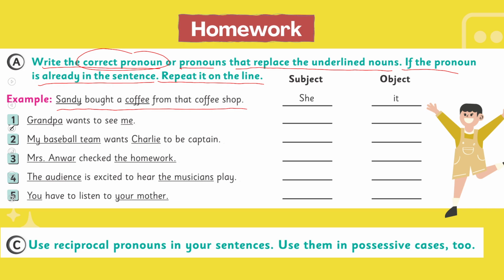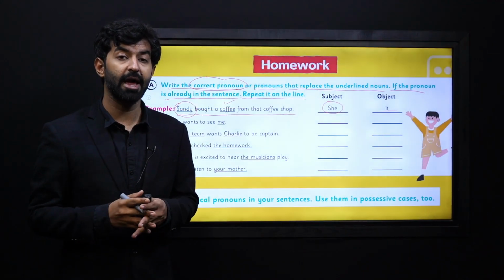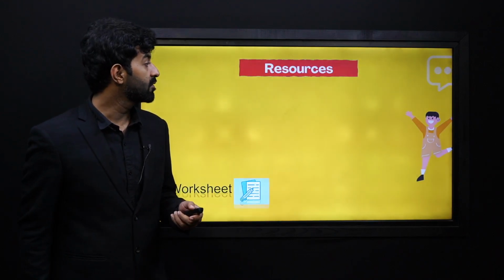You have to mention that you can replace Sandy with she, and you can replace coffee with the object it. So we can say that she bought it from the coffee shop. Now you can solve the rest of the fill in the blanks by yourself.